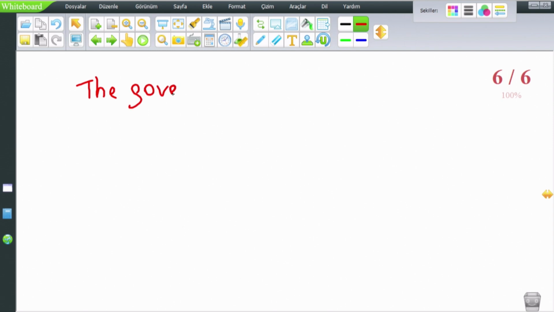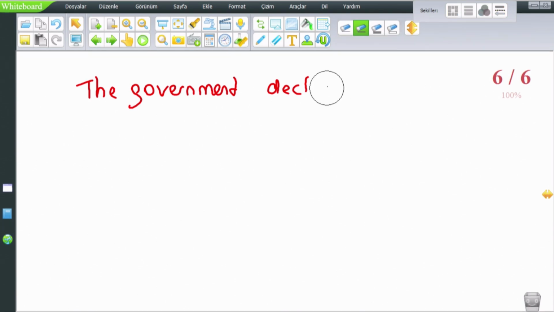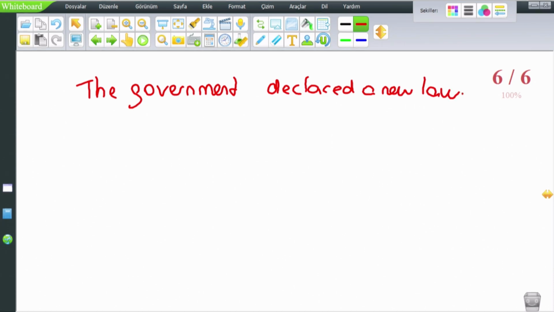The government declared a new law. Again, I will find the tense of the sentence, first things first. You can see the ed form here, which I understand that is verb 2.